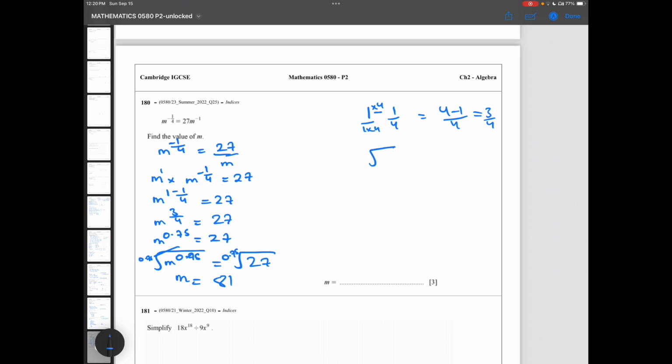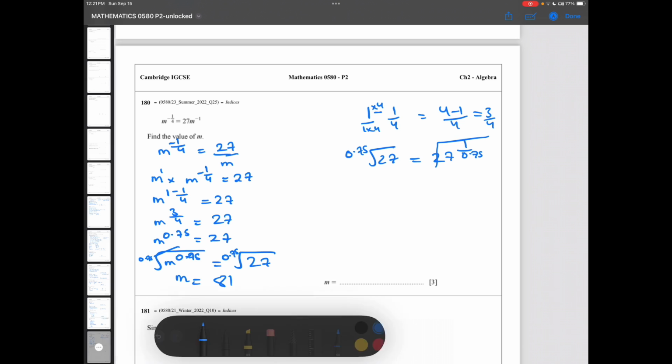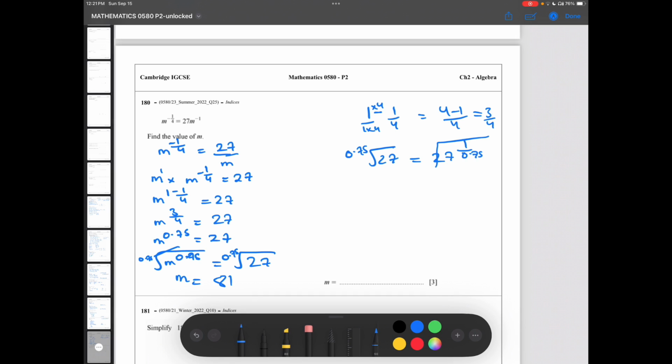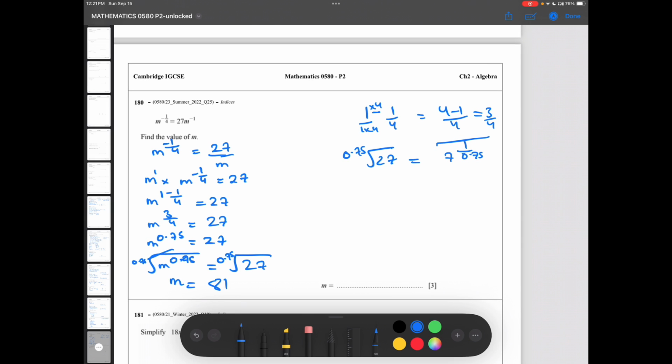You can convert this into 27 to the power 1 upon 0.75, and you can easily solve this using a calculator.